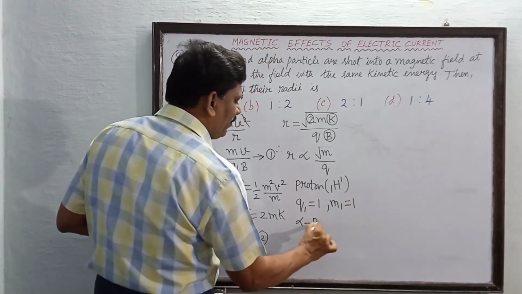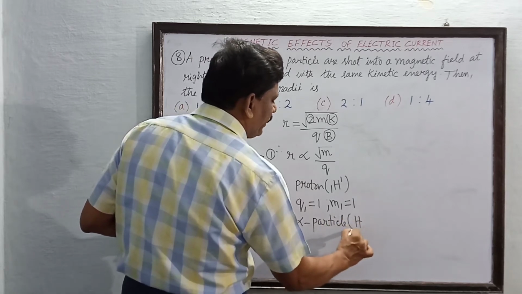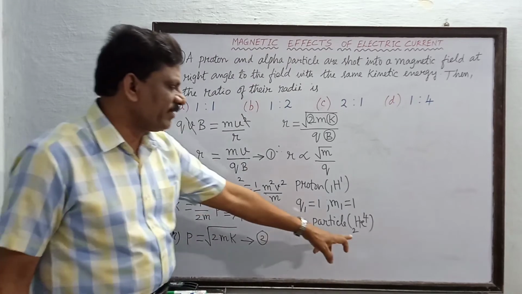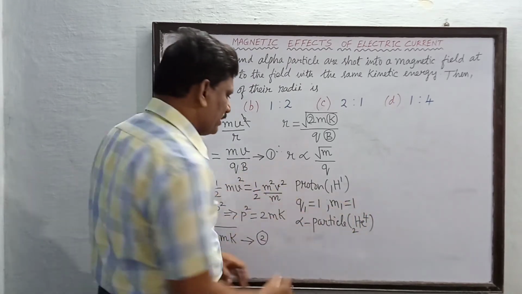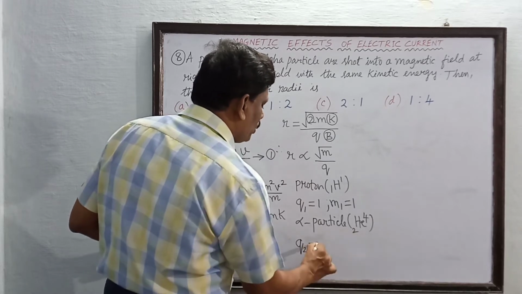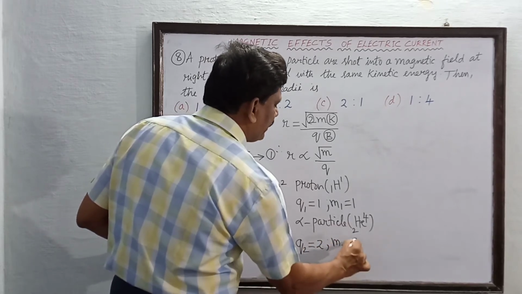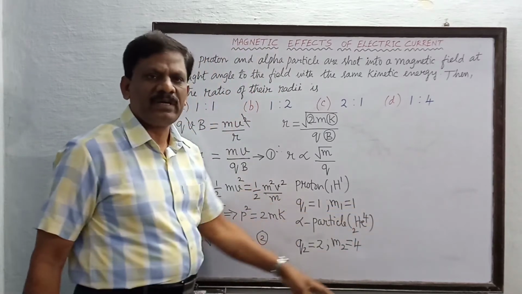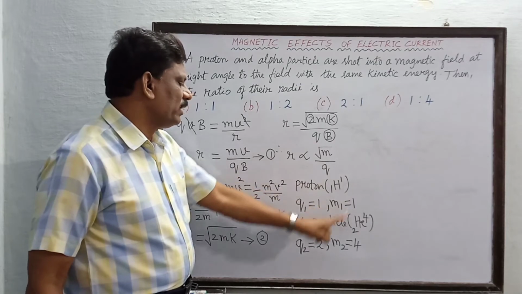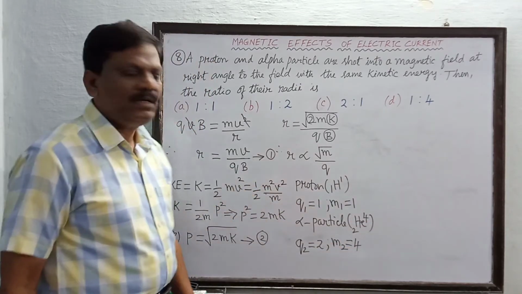Then an alpha particle is nothing but the helium nucleus, 2He4. The charge number of helium is 2 and mass number is 4 units. So Q2 is equal to 2 units and M2 is equal to 4 units. So Q1 is 1, M1 is 1, Q2 is 2 and M2 is 4.